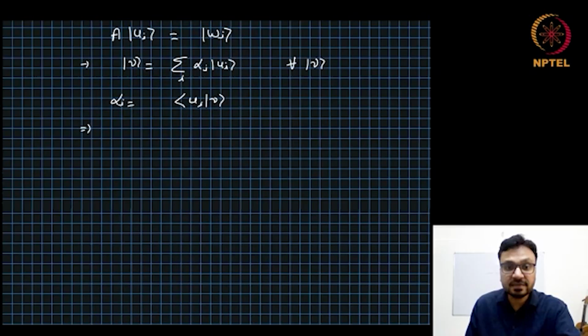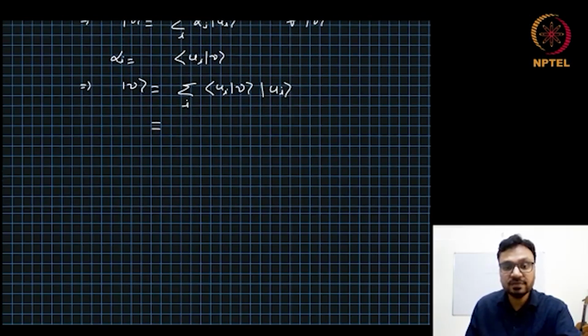So this implies that we can write V as the sum over i of ui times the inner product of ui with V. We can reshuffle, since this is a scalar and this is a vector, they commute in a manner of speaking.